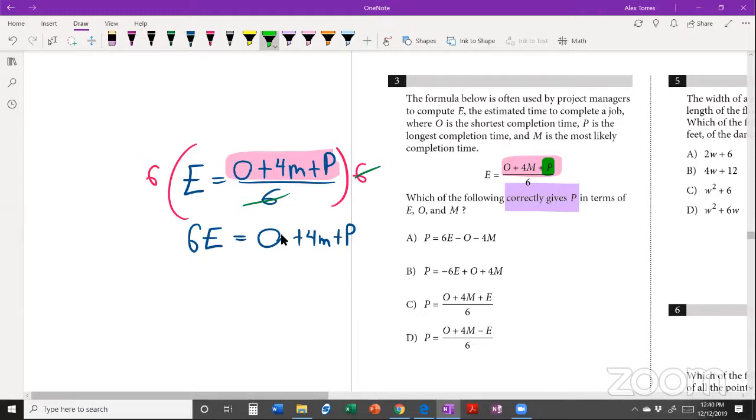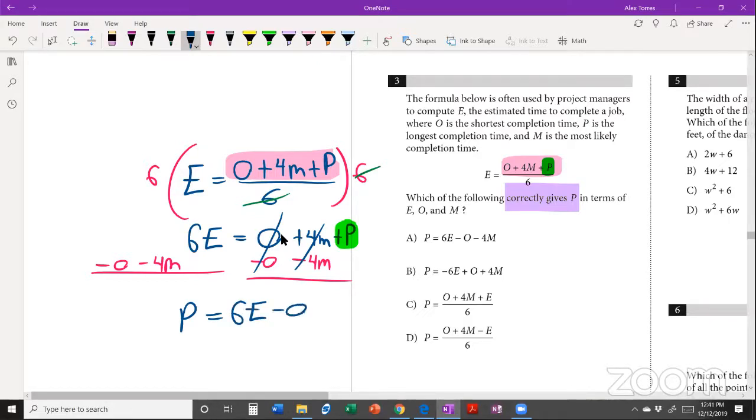Well, what's happening to P? It's being added with O and 4m. So the opposite of that is to subtract the O and the 4m. So now this cancels, and we have P, which I'm switching sides, is equal to 6e minus O minus 4m. And the answer to number 3 is going to be A.